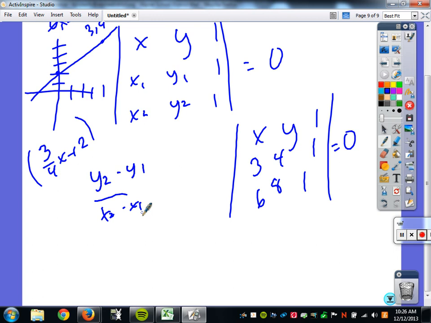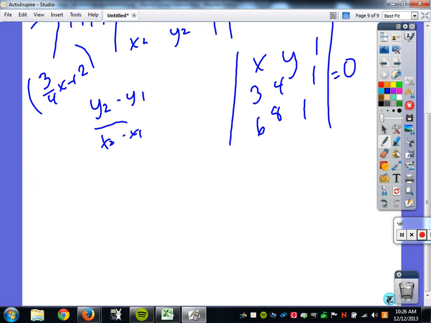Okay. Now notice, can you use this in your calculator? No offense, guys, it's got x and y, so it's not going to happen. So which row or column are you going to use? Actually the top one would probably be the easiest. So this would be x; would y be positive or negative? Negative y. Would 1 be positive or negative?